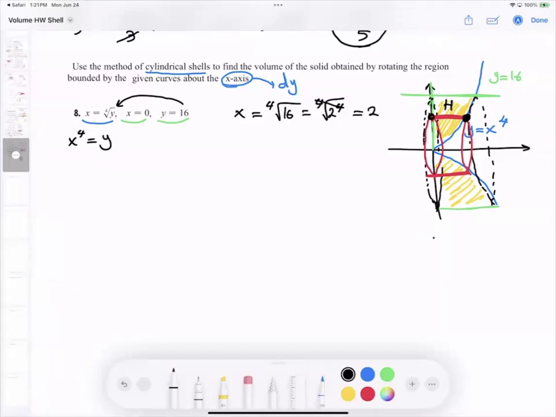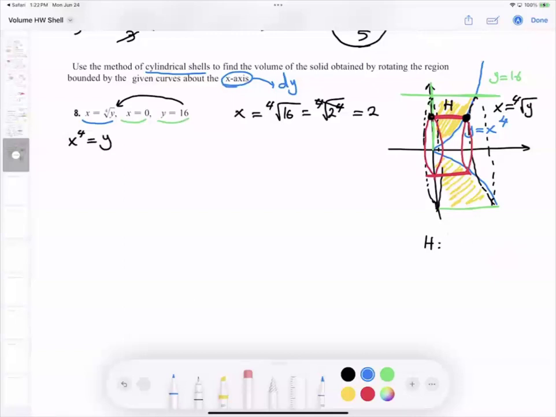So to find the height, you basically do the subtraction between the larger x value, x equals the fourth root of y, and the smaller x value, which is located just right here. So the height is the fourth root of y minus 0.